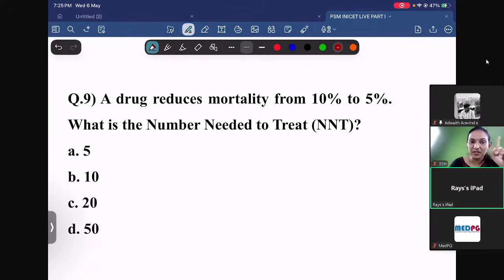The basic concept behind NNT and NNH, we'll just write it down.